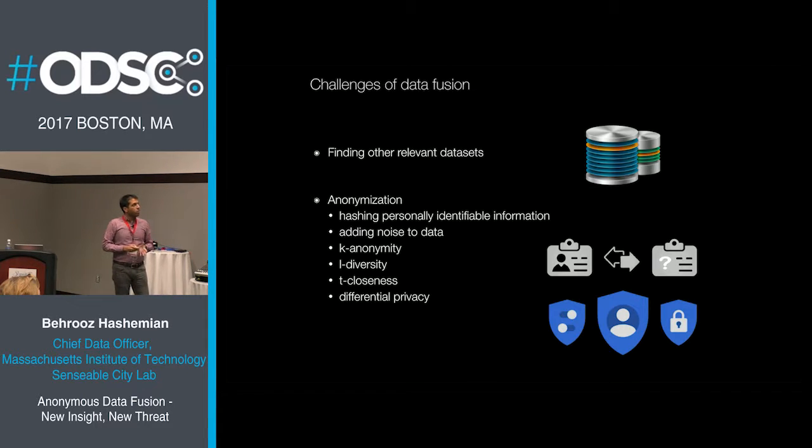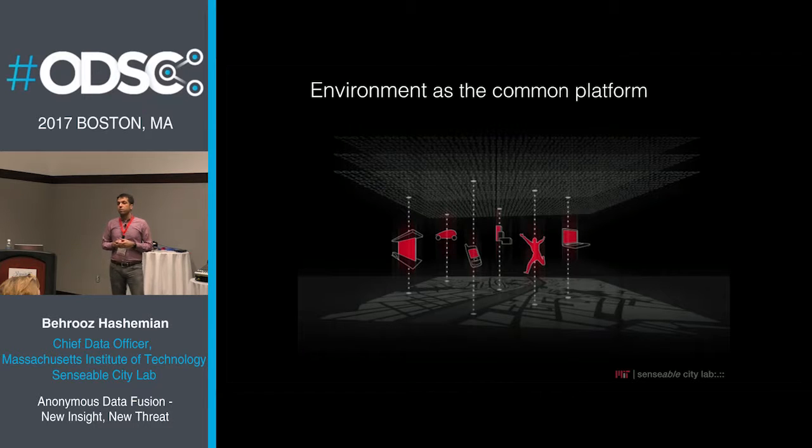Although we care about the privacy of people and individuals, nobody cares about the privacy of the environment that people are interacting with. So, for example, we don't know who is taking a taxi in front of Prudential Center, but we know that someone has taken a taxi in front of Prudential Center.